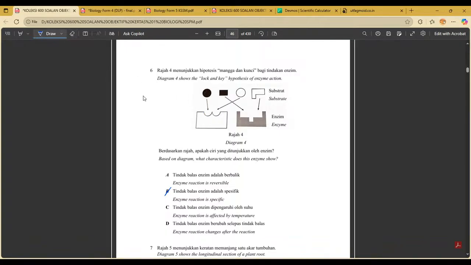The circle block goes into the circle hole. The rectangle block goes in the rectangle hole. Yeah, it doesn't show anything about reversibility. It is reversible, but it doesn't show anything about that. It doesn't show anything about temperature, and it doesn't show anything about changes after or before the reaction.